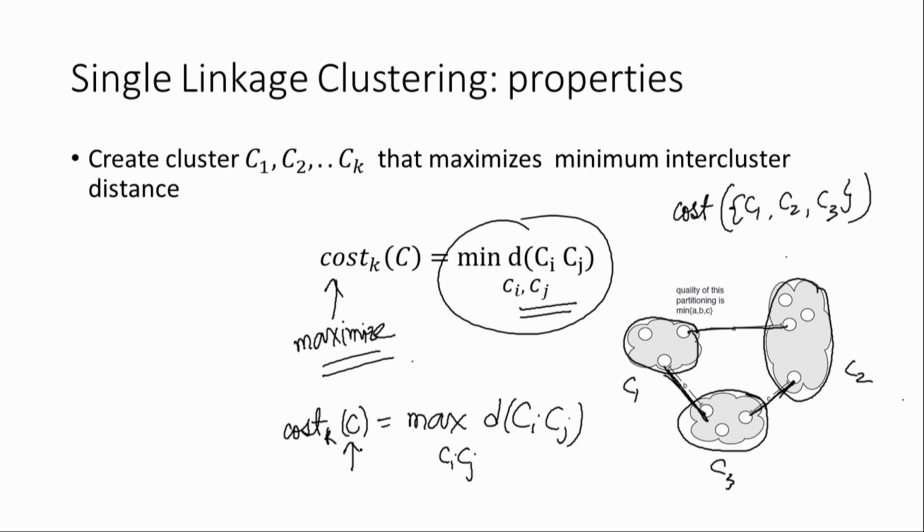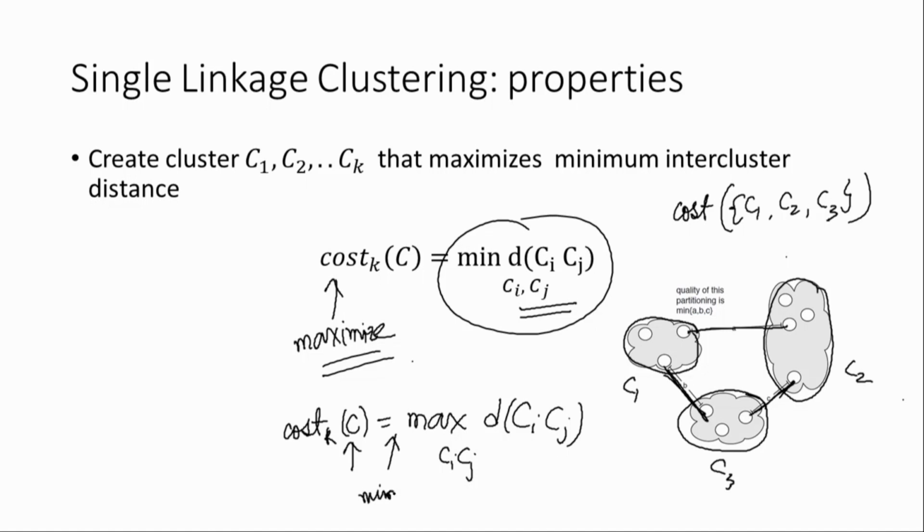Now you're searching over all possible clusterings. Then it would make sense to minimize this, because max of max doesn't make sense. Either you minimize the maximum distance or maximize the minimum distance. This may have other nice properties, but this is what we use.